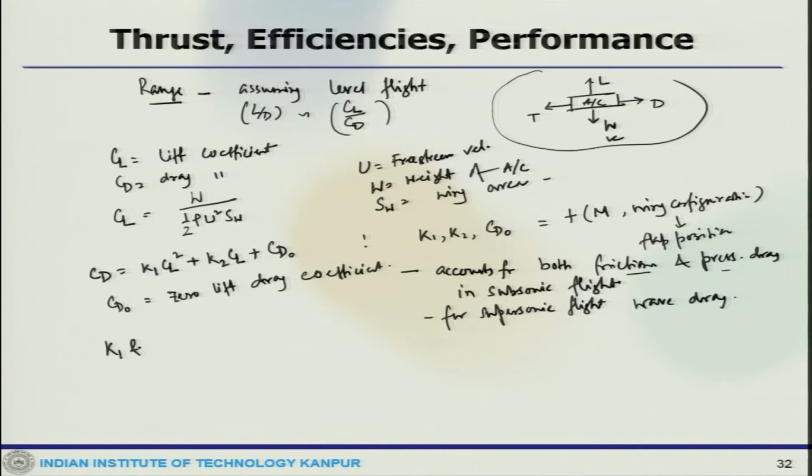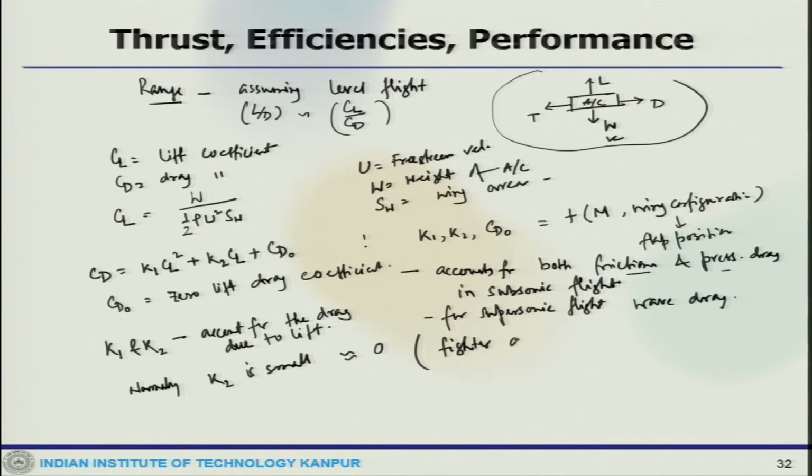And the terms K1 and K2 account for the drag due to lift. Normally K2 is small and almost equal to 0 in most fighter aircraft.